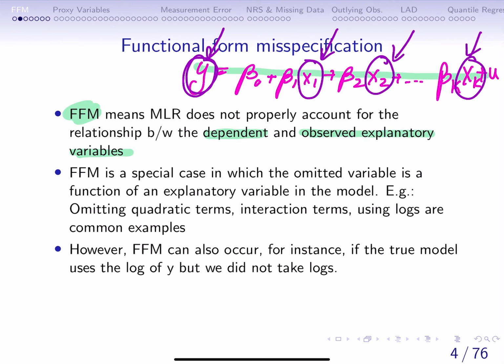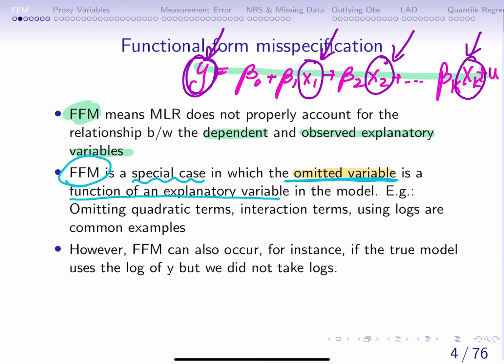Like I mentioned in the previous slide, there could be an omitted variable in your regression. So maybe you need to introduce one or more x's. Functional form misspecification is a special case in which the omitted variable is a function of an explanatory variable.